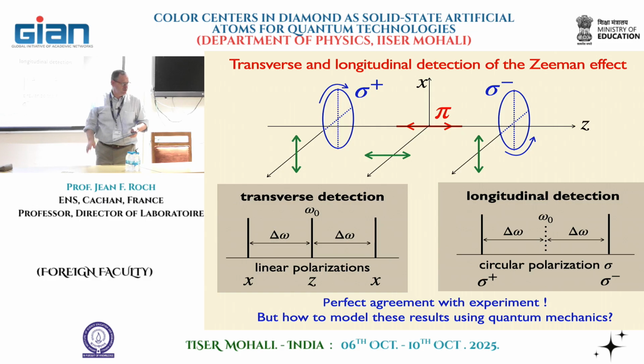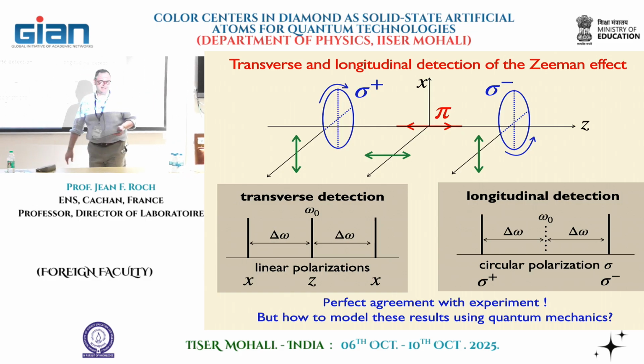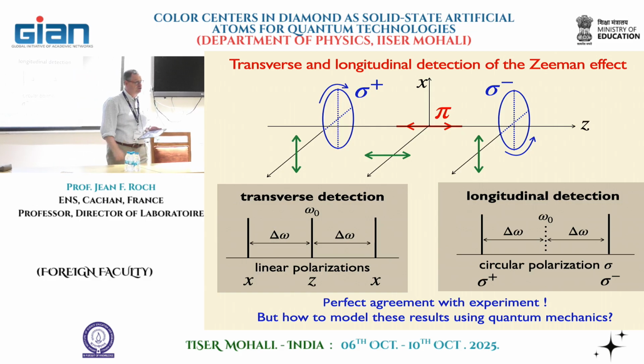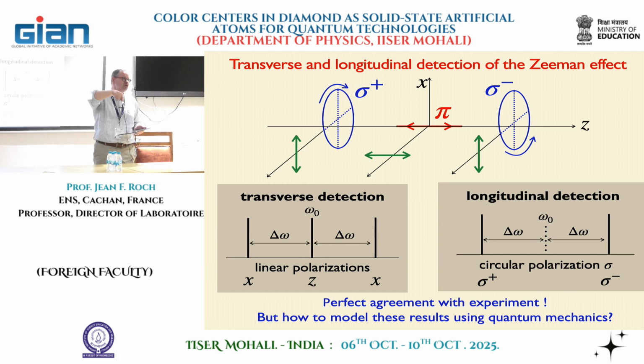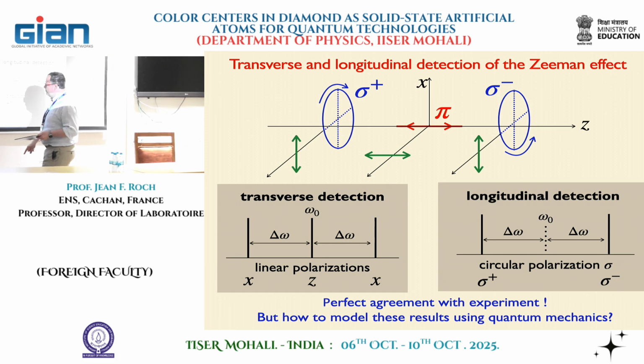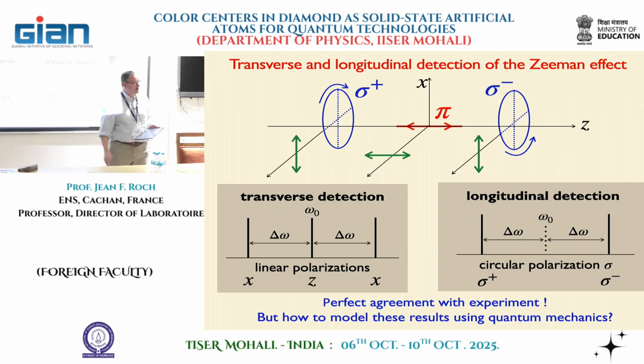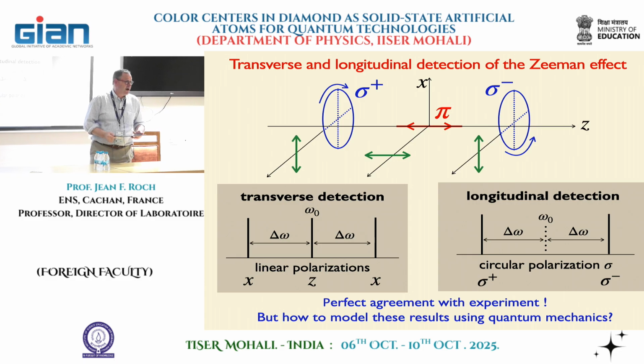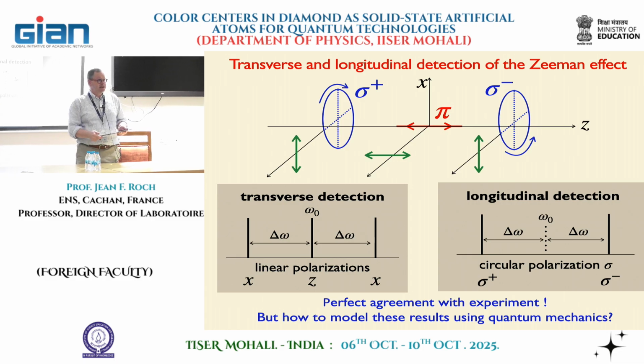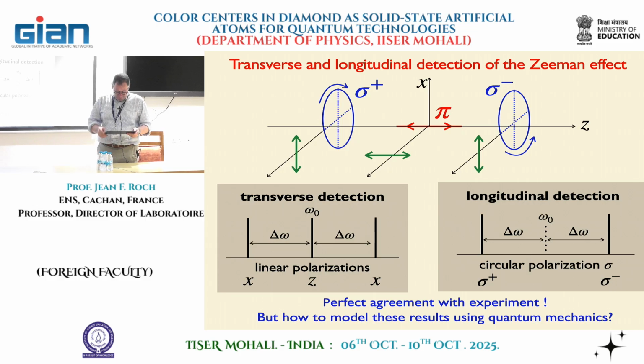So we have now three lines, like in the picture I showed you, where the red emission of the cadmium atom was split into three components, and you can check that they are differently polarized, associated with this simple model. So what's remarkable is that there is a perfect agreement with the experiment. But how can we now model these results using quantum mechanics?